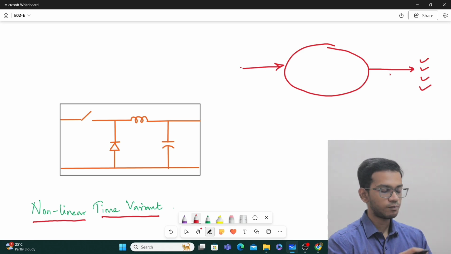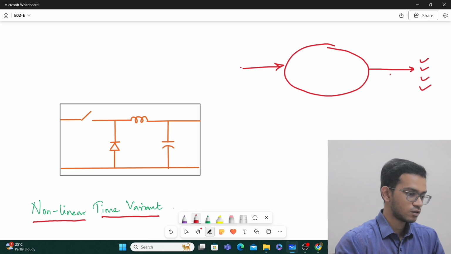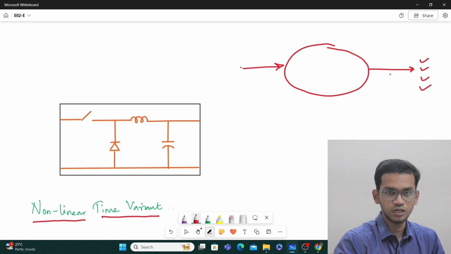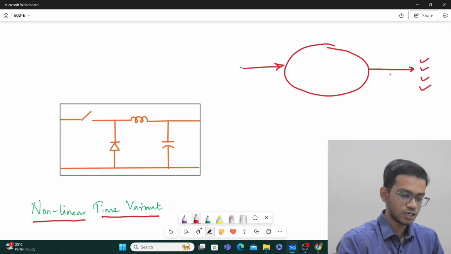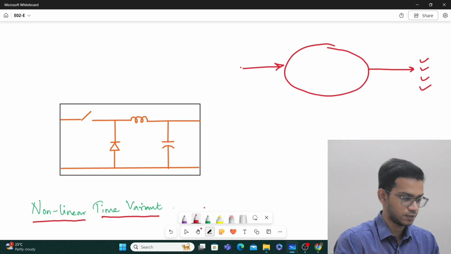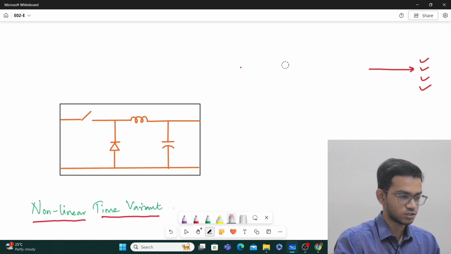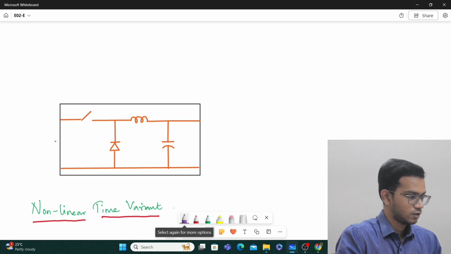Now the buck converter, or any power converter for that matter, when we talk about power converters, they are inherently non-linear time variant systems. So let us first understand why it is like that. For that, I will give you a simple explanation which proves that point.